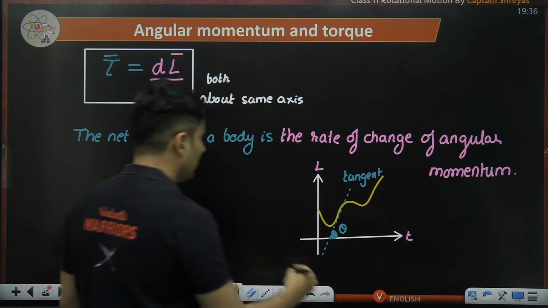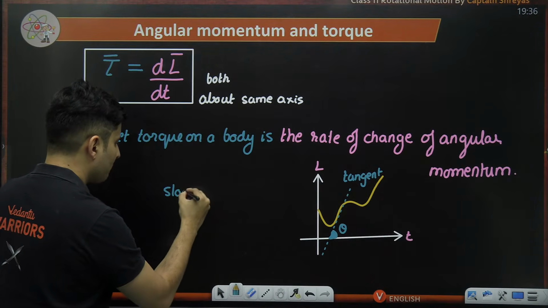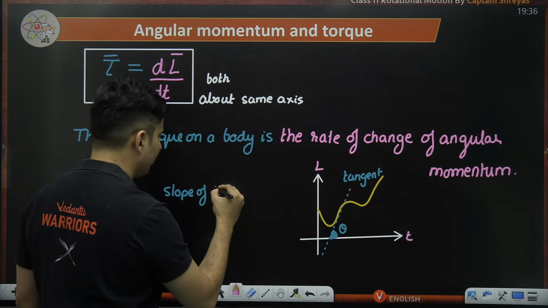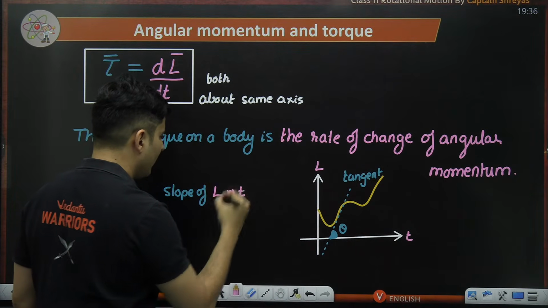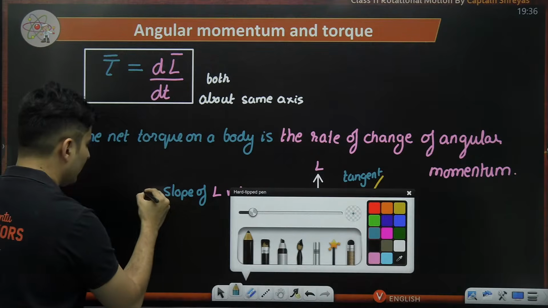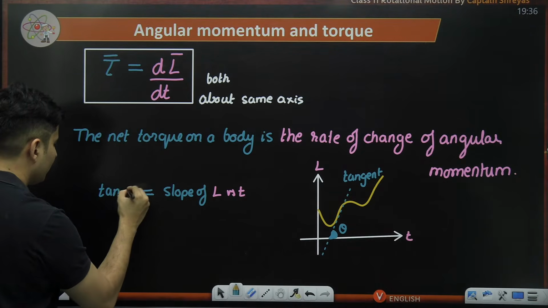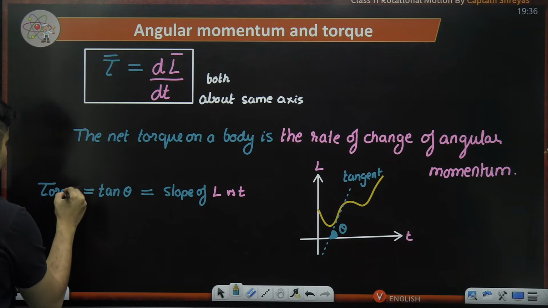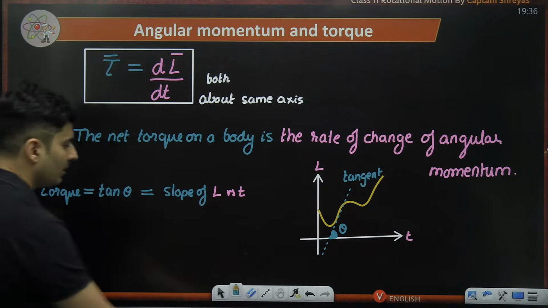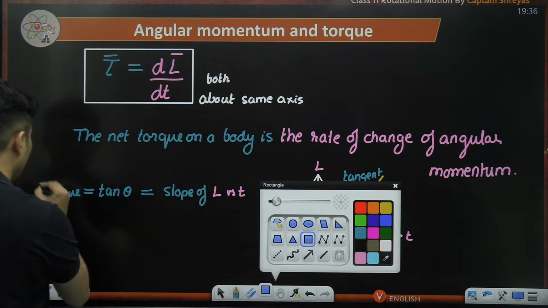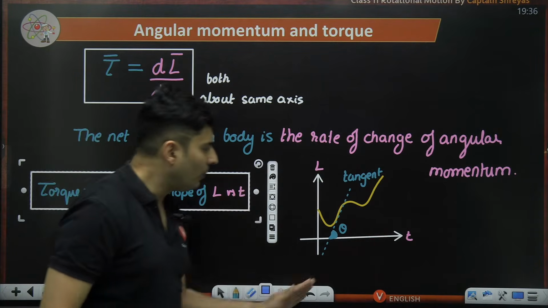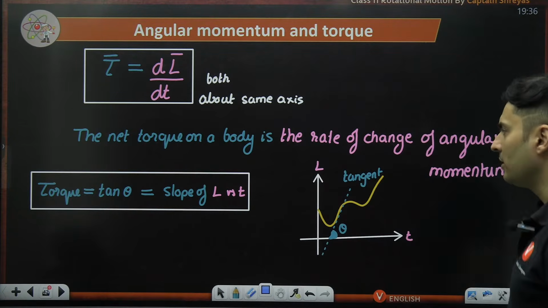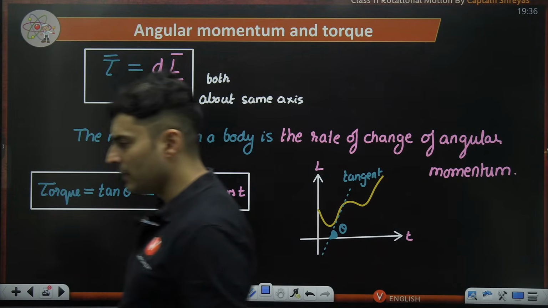Then the slope of the angular momentum versus time graph, which is tan theta, will be nothing but my torque. Very, very critical. So the torque is the slope of the angular momentum versus time graph. Very straightforward. Is that clear, everyone?